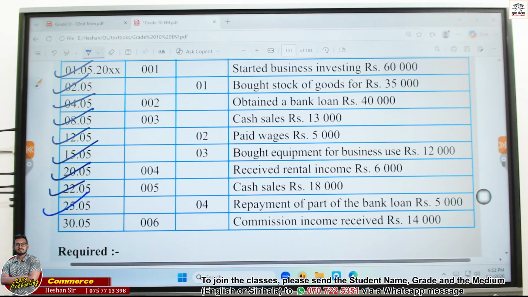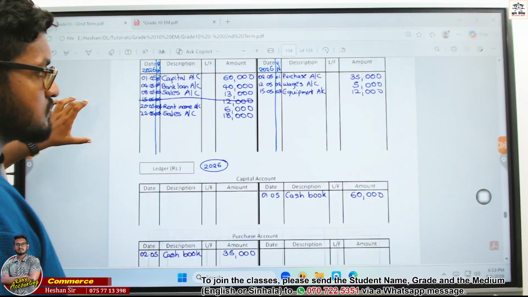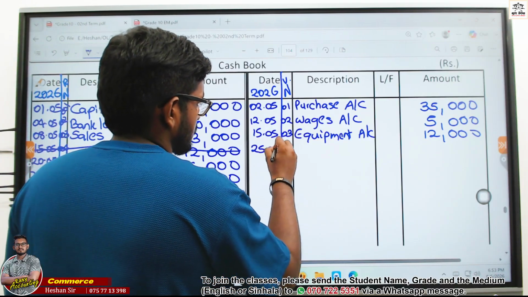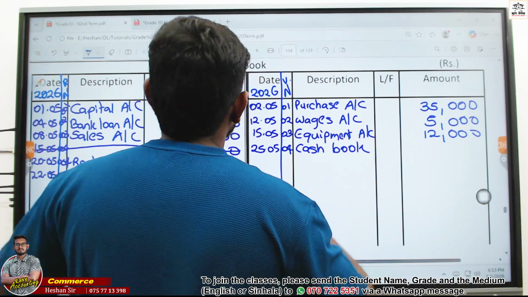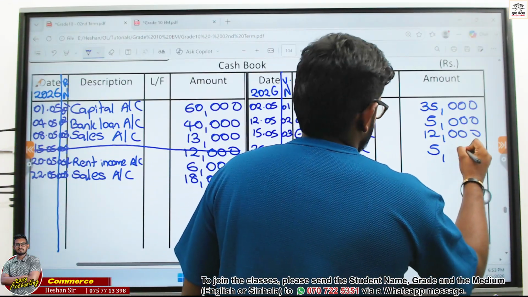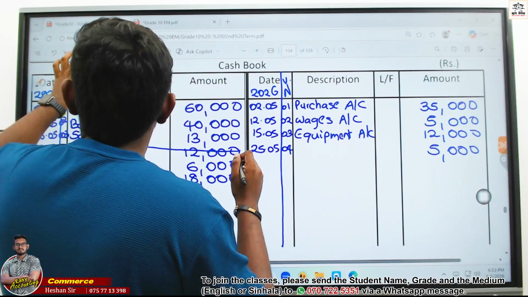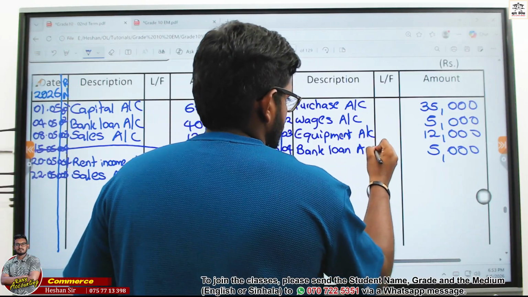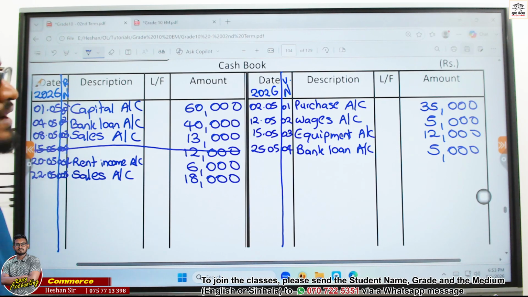Repayment of part of the bank loan 5,000, right? 25th of May. Number 4. Cash book, right? 5,000. So not the cash book, the bank loan account, because we repay the bank loan.